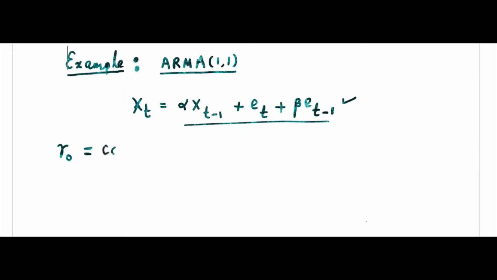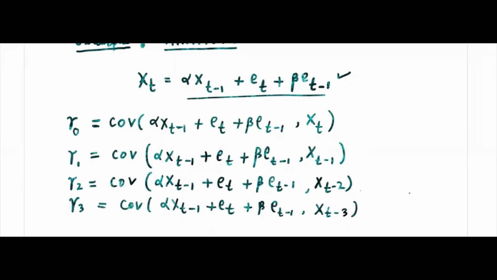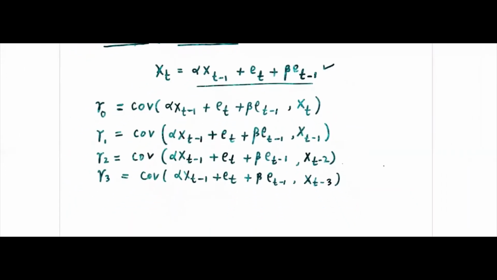That will be covariance of xt with alpha xt minus 1 plus et plus beta et minus 1. Okay, these are the autocovariances. Now we'll see one by one. Remember, these are the autocovariances.